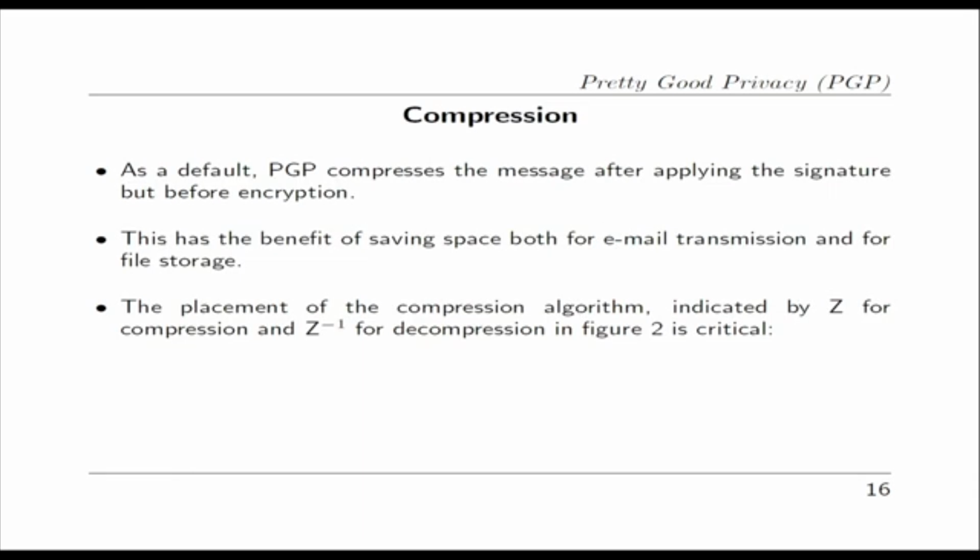This is another service of PGP. By default, PGP compresses the message after applying the signature, but before the encryption. This has the benefit of saving space, both for email transmission and for file storage, because public key encryption is expensive.